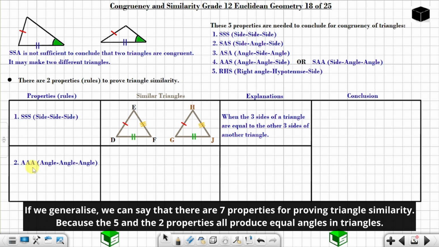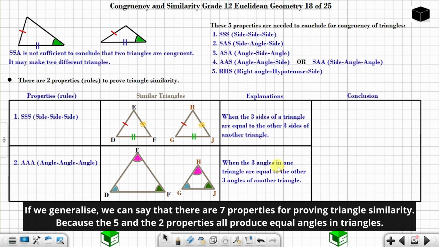The second property is angle, angle, angle. So you have something like this. When the 3 angles in one triangle are equal to the 3 angles of another triangle, you can conclude that the 2 triangles are similar.